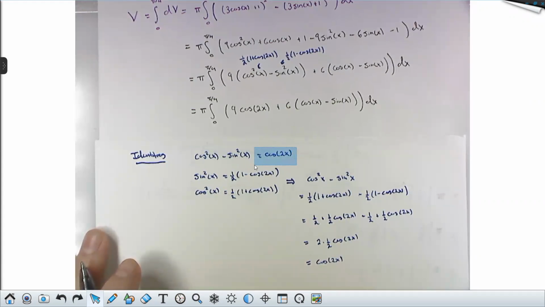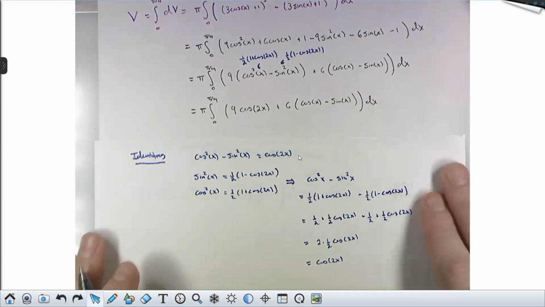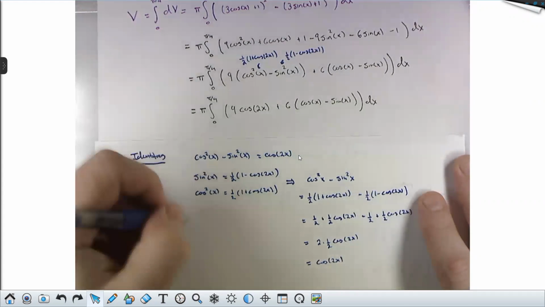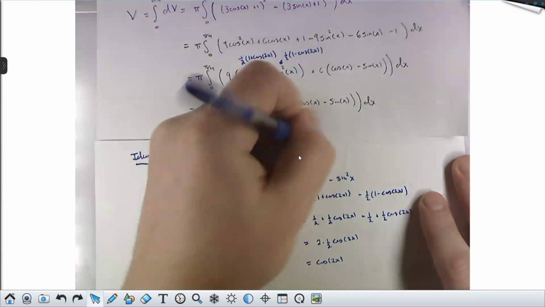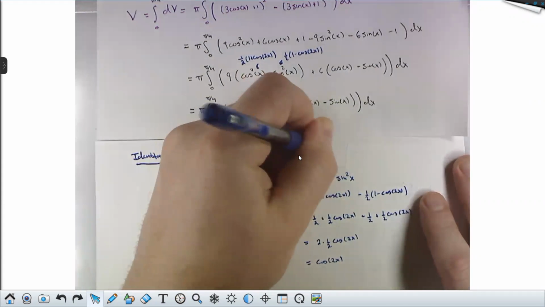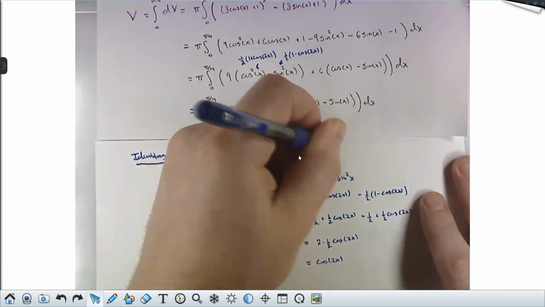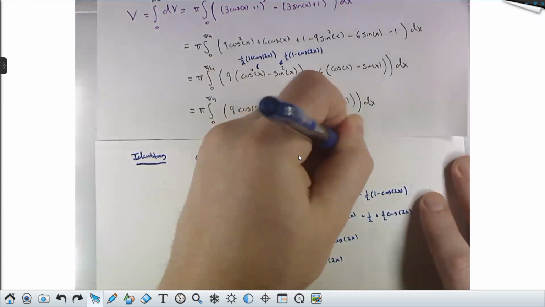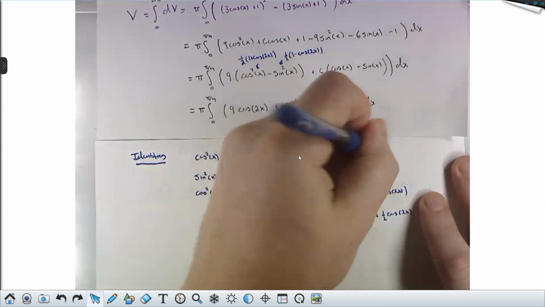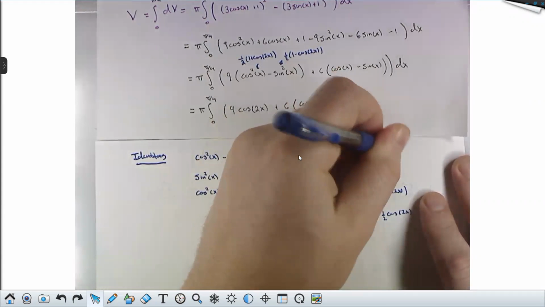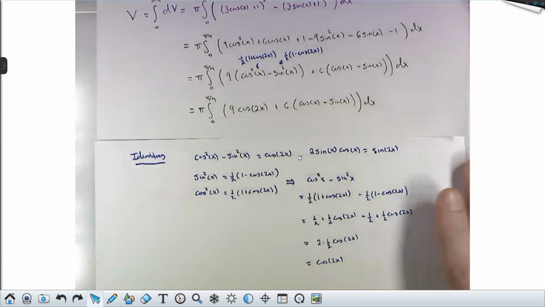You should know a double angle identity for cosine and a double angle identity for sine. While we're here, the double angle for sine is 2 sine x cos x. This is sine 2x. And we have to use this in the trig subsection quite a bit.